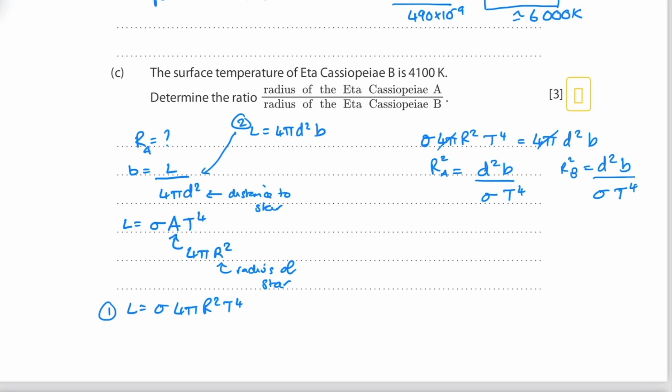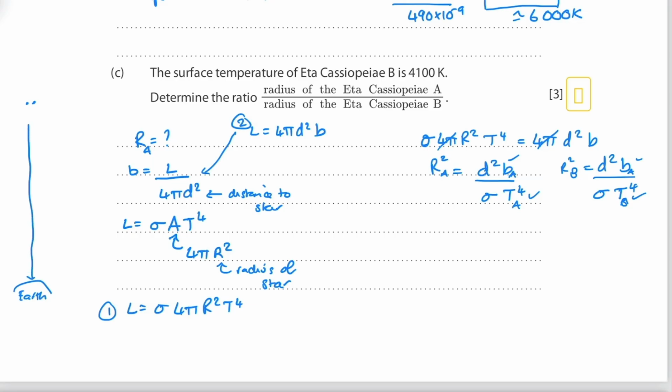And we've got the apparent brightness for both. That's good. We've got the temperature of both. That's good. We don't have the distance to both, but we know that the distance to both is the same because when you have a binary star, they're very close together in space. Say this is Earth down here.